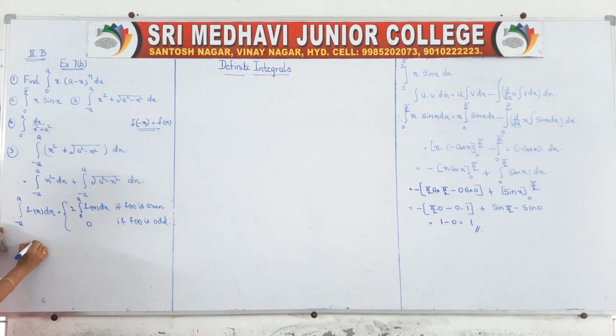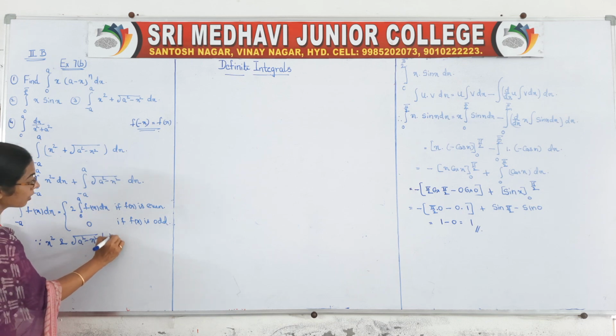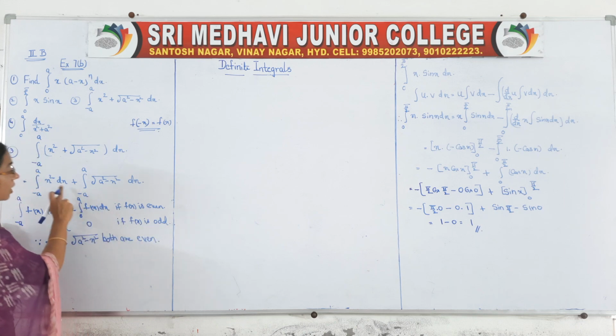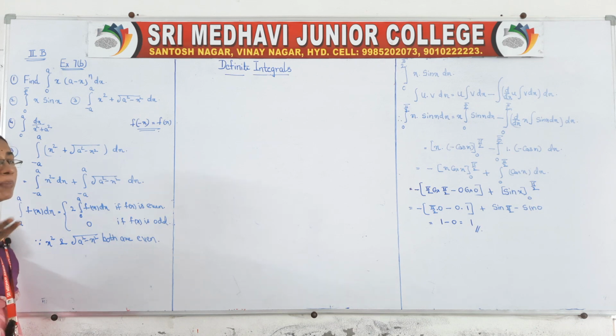So, here x square and root of a square minus x square are both even. Why even? In both functions, x is in terms of x square. So in place of x, if we substitute minus x, what happens? Minus x whole square, minus into minus is plus only.